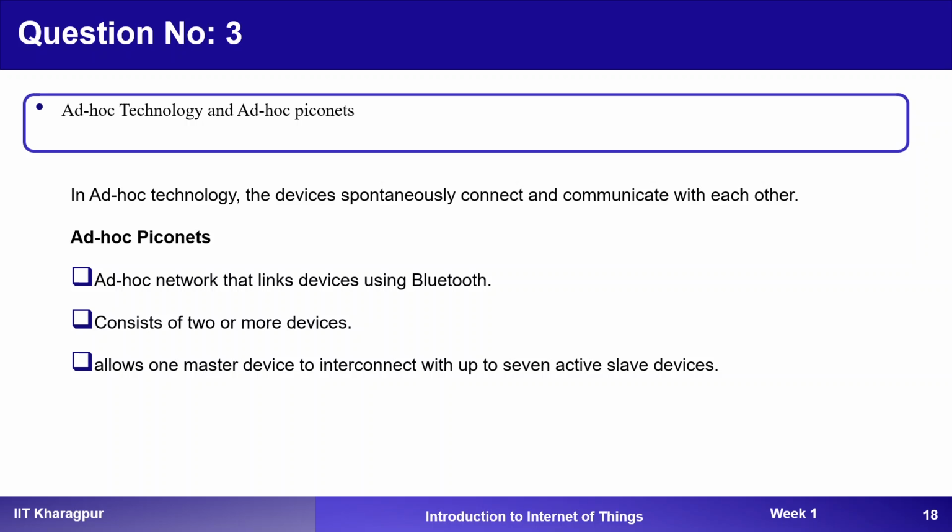The size of this piconet can vary from 2 to 8. In case of 2, one will be the master node and the other will be the slave node. And in case of 8, one will be the master node and the other 7 will be slave nodes.